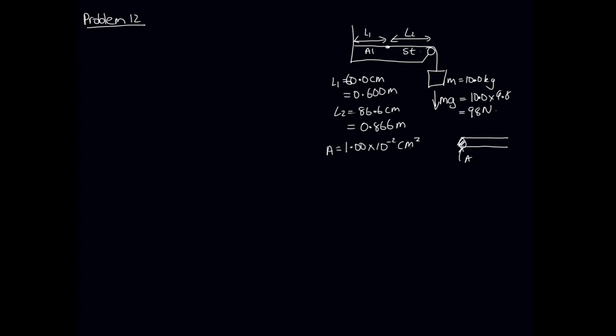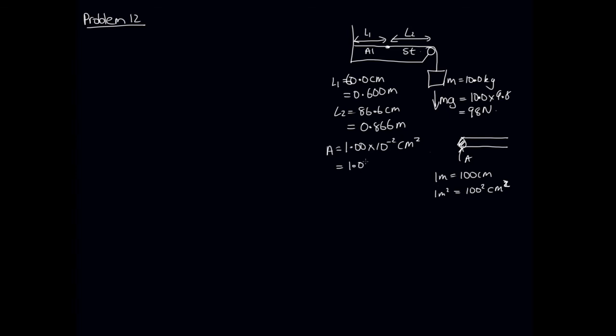Okay, now let's start by converting this into meters squared, because if we have everything in SI units, it'll save us getting confused later. Now, 1 meter is equal to 100 centimeters. So in 1 meter squared, there's 100 squared centimeters squared. So to get from centimeters squared to meters squared, we have to divide by 100 squared.